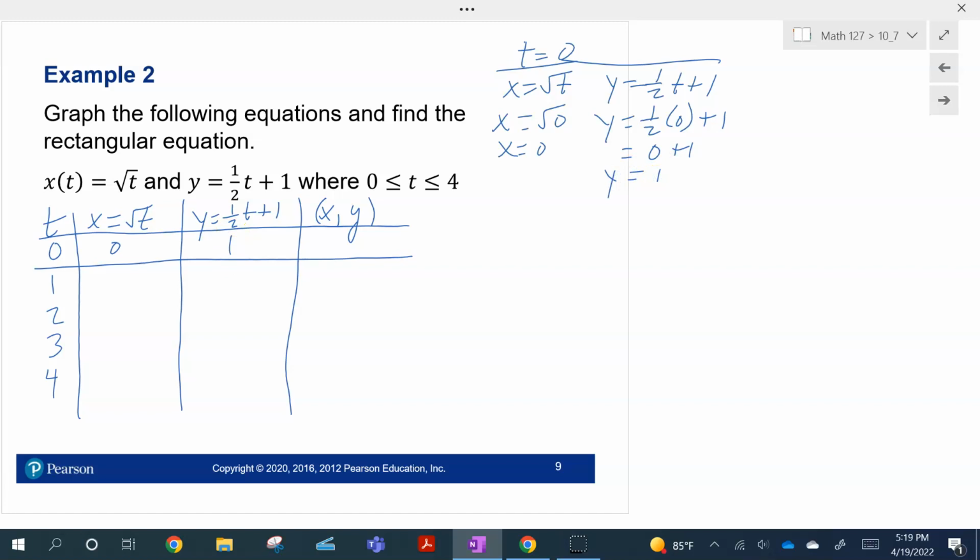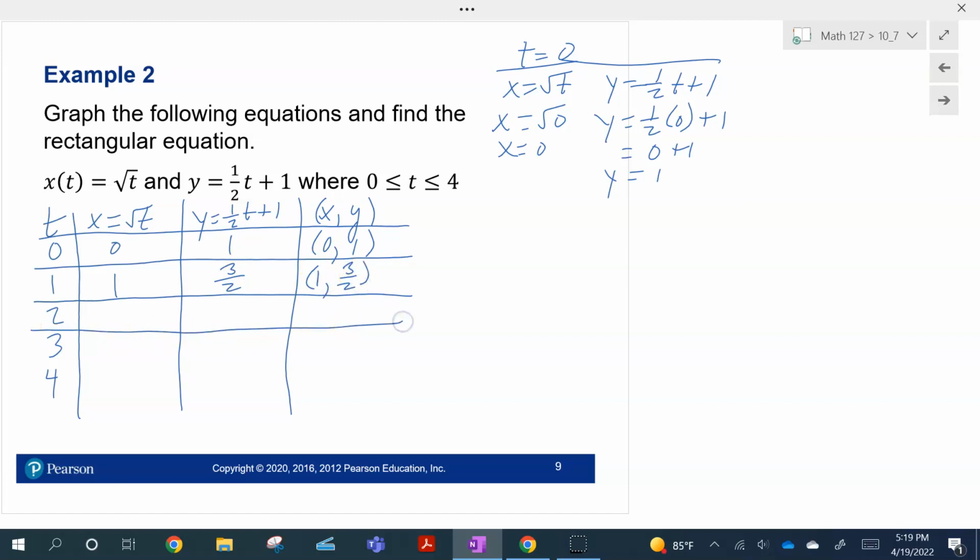So 0 comma 1 is our first point. Now we're going to do it for 1. The square root of 1 is 1. And then 1/2 times 1 plus 1 is 3/2. So we get the ordered pair 1 comma 3/2.